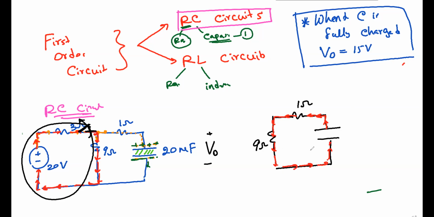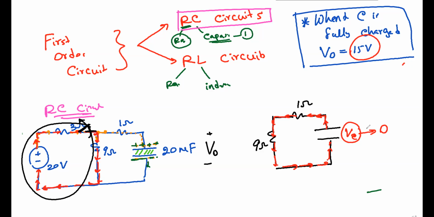But this current is not constant, because the voltage across the capacitor is now changing. Now it has 15 volts at the beginning. Due to this 15 volts, it provides a current, and that current will flow until the voltage across the capacitor becomes 0. When it is fully discharged, the voltage across the capacitor will be 0.